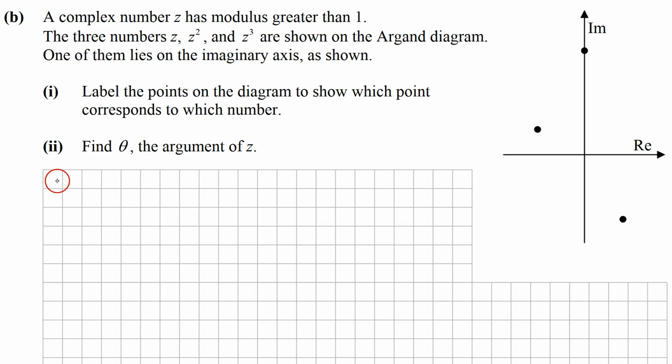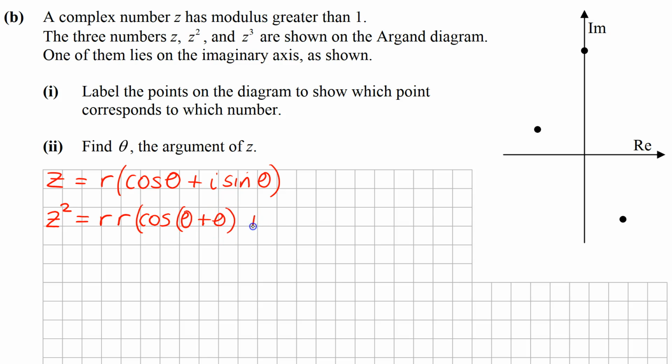So if we think about that, z is equal to r(cos theta plus i sin theta). Okay, so that's our complex number z. That would mean z squared would be r times r, by the cos of theta plus theta plus i sine of theta plus theta.